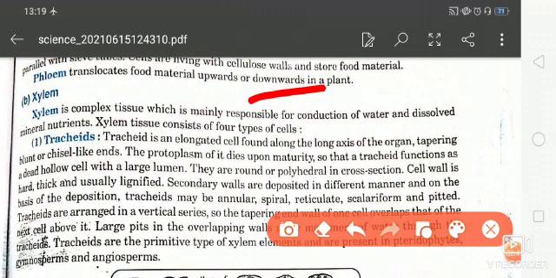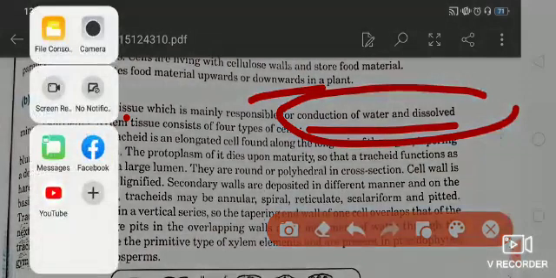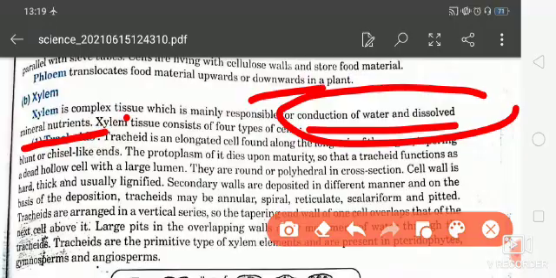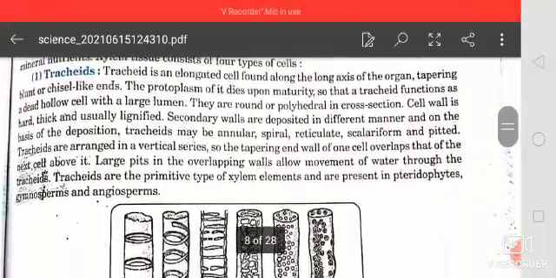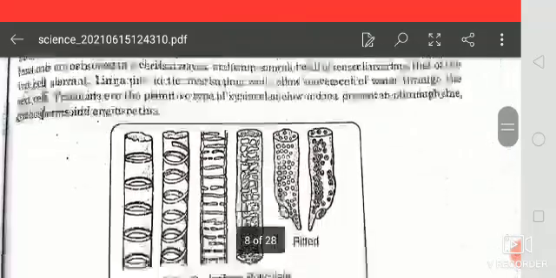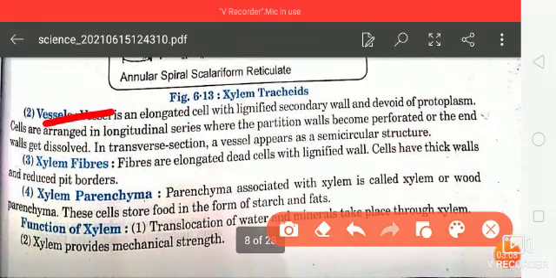Next one is xylem. Students, xylem is also a complex tissue which is mainly responsible for the conduction of water and dissolved mineral nutrients. Xylem tissue consists of 4 types of cells: tracheids, vessels, xylem fibers and xylem parenchyma.